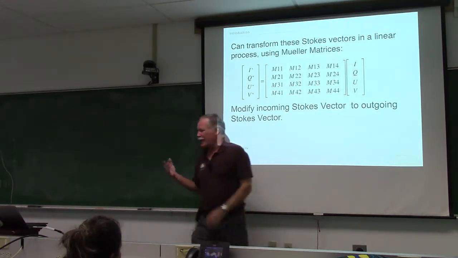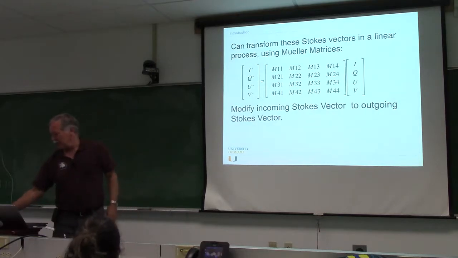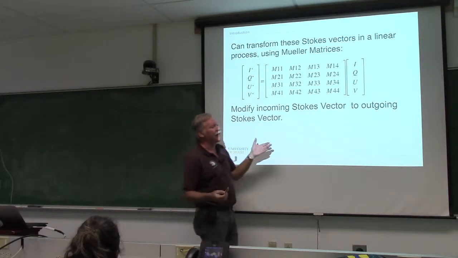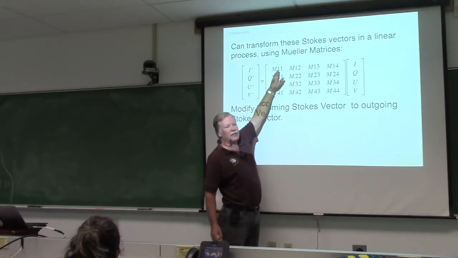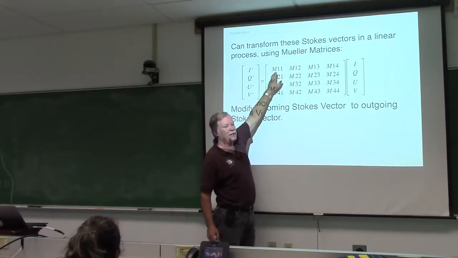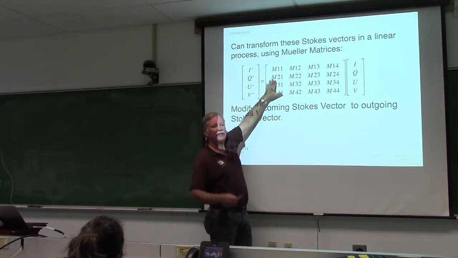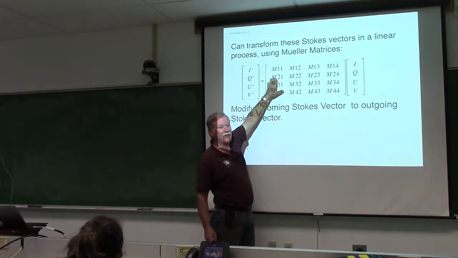I'll show you in a second how it describes what happens when light goes through a polarizer. If you're talking about a scattering system, M11 is your volume scattering function. The rest of the elements tell you how polarization is changed or affects the scattering.